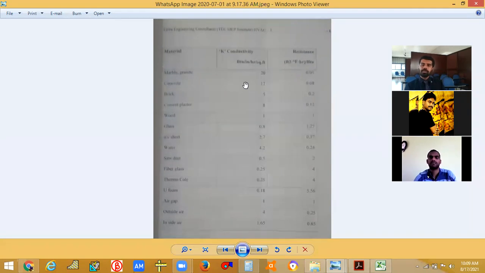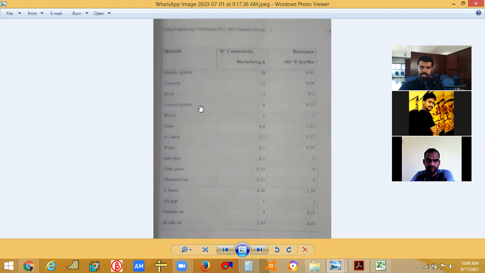Different thermal conductivity and resistance values of different materials are shown in this tabular column. For marble, the thermal conductivity is 20 and the resistance is 0.05. For concrete, it is 12 and the resistance is 0.08. For brick, it is 5 and the resistance is 0.2.